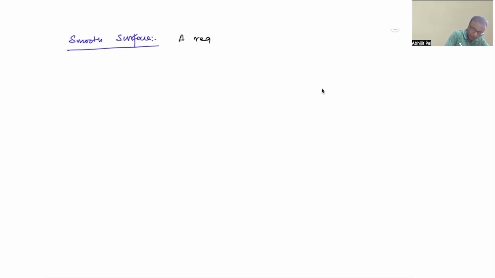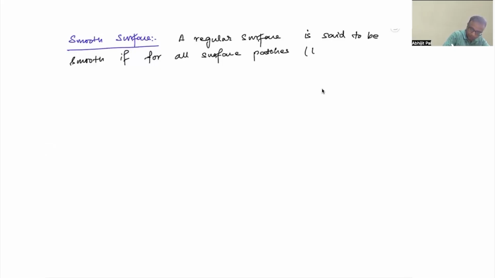A regular surface is said to be smooth if for all surface patches (U, sigma), the map sigma is a smooth map.